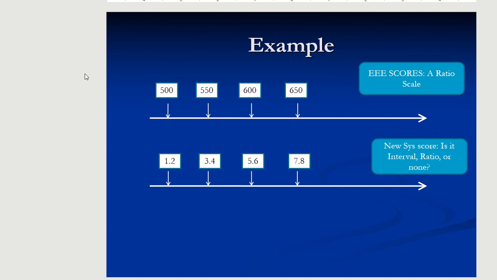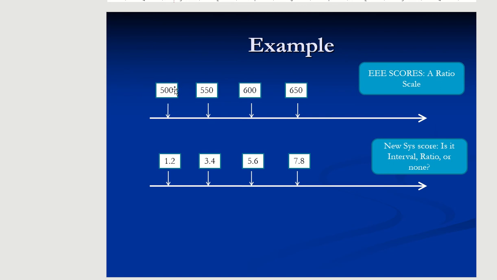So what we are asked is that the triple E has been turned to a different scale, a different system score, and we are asked, does the new scale is it an interval, a ratio, or nothing at all? Okay.